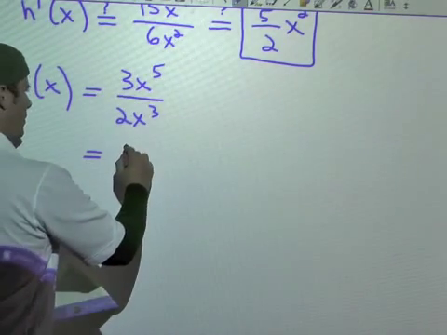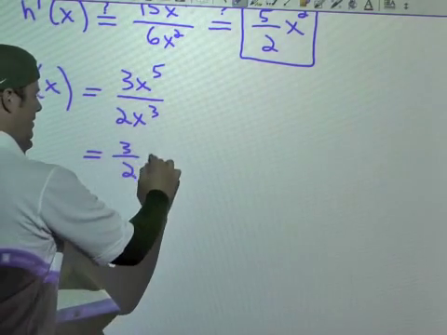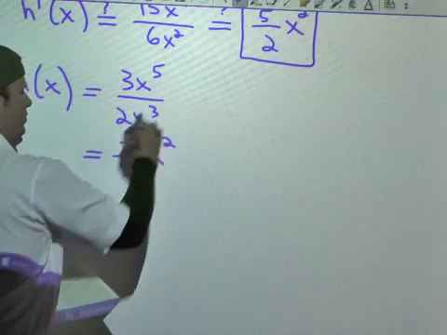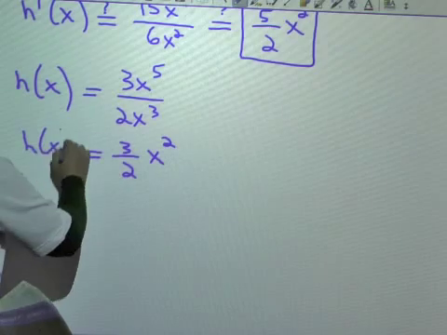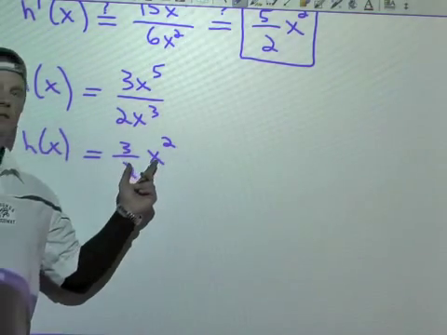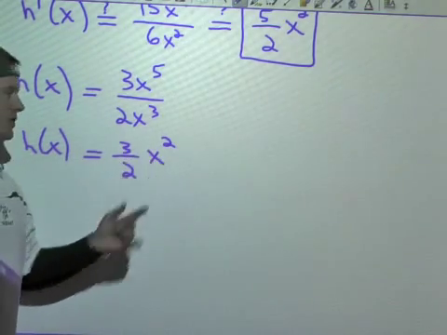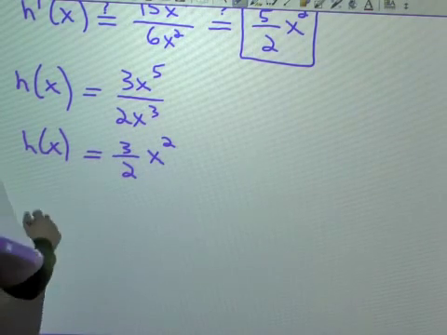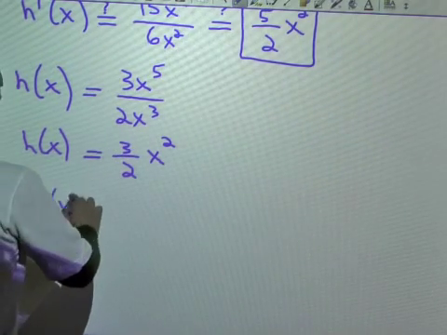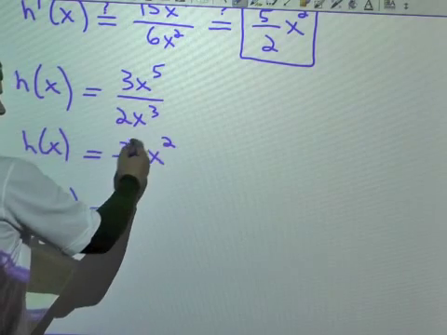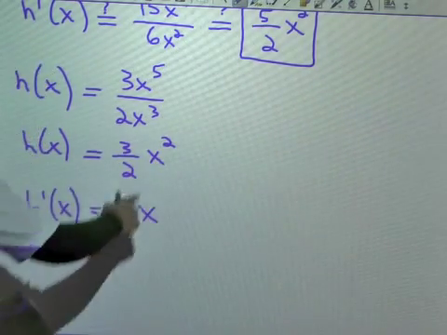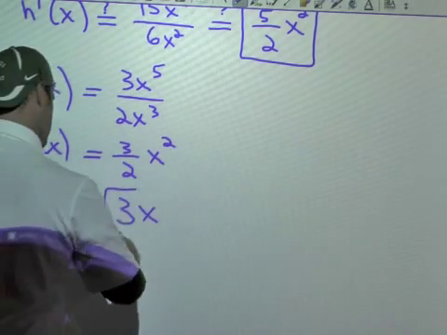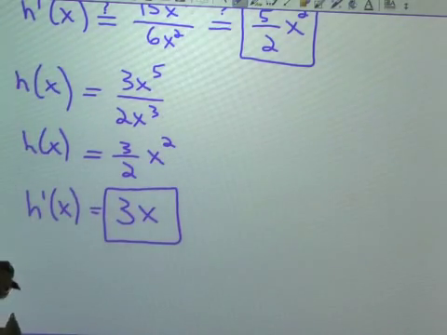If I divide these terms, it's going to be 3/2 x squared, since I subtract the exponents. Well, if that's what h of x is, if I reduce it to a power function, then the derivative is easy. I just use the power rule. So h prime of x would be 2 times 3/2, which is 3, times x, lowering the power by 1.